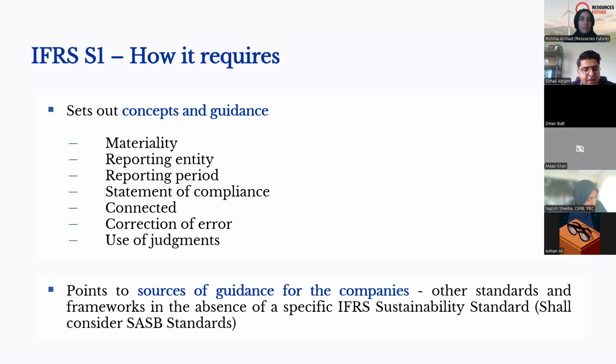The important aspect about SASB standards is that 77 standards were issued, and these are industry-specific standards. So one standard is, let's say, for insurance, one is for commercial banks, one is for automobiles, one is for mining, etc. So they have come up with 77 standards, and each standard is relevant to a specific industry. So IFRS S1 requires that we follow those standards which have been issued by ISSB.